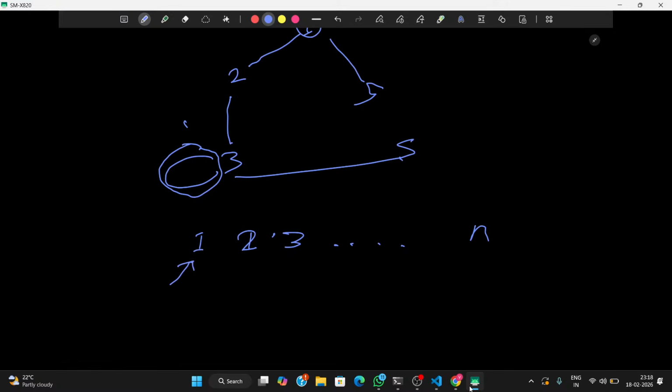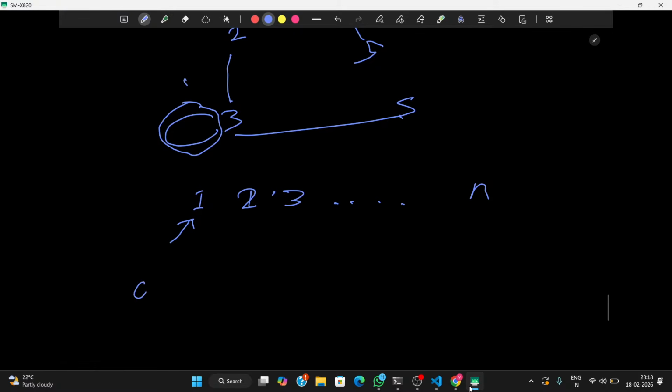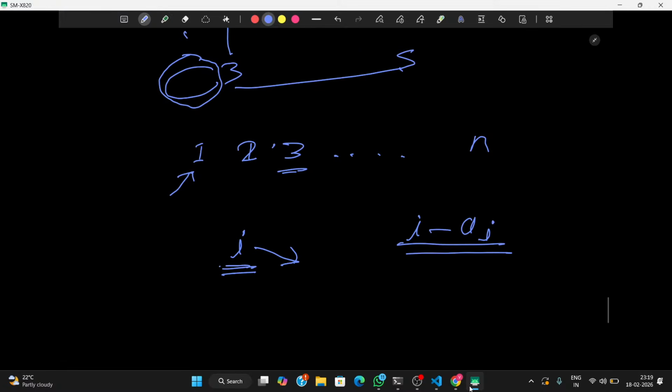Suppose for any i, one edge from i will always be there because there will be an ai from i, and ai will be connected, right? For any vertex i, one edge will always be there because there is an element at ai.